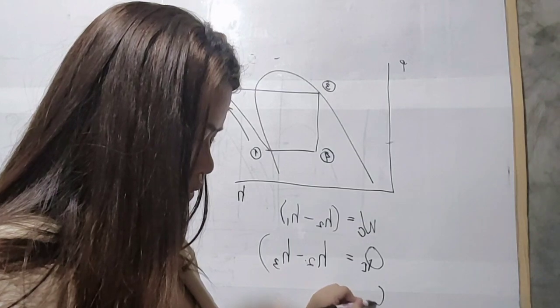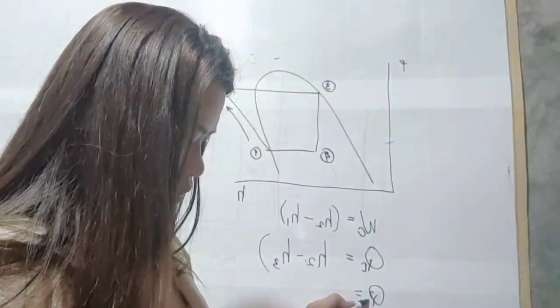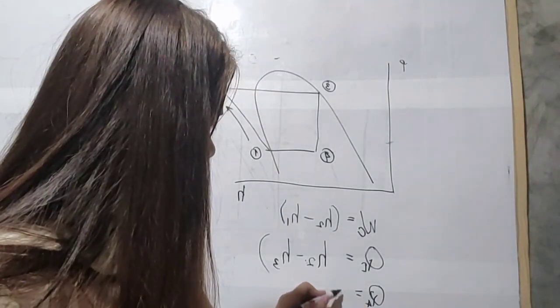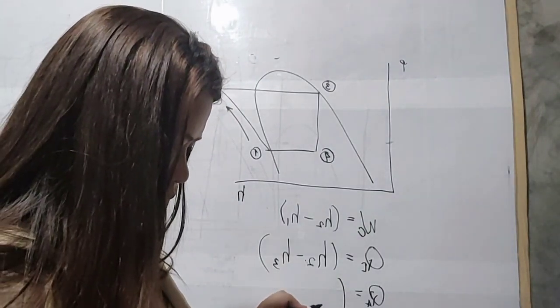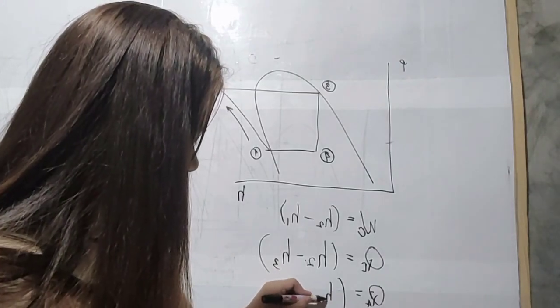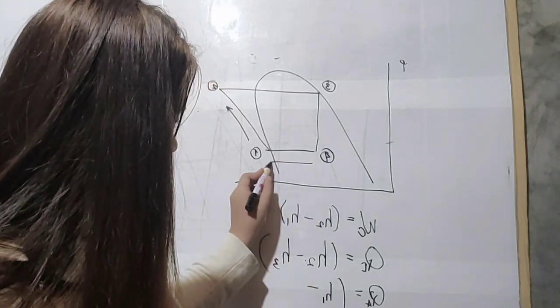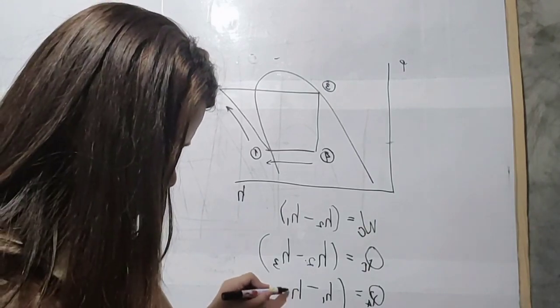Now let's get the refrigeration effect. It is QA, from the enthalpy at point 1 minus the enthalpy at point 4, and we will get the tons of refrigeration by dividing it by 3.51 kilowatts.